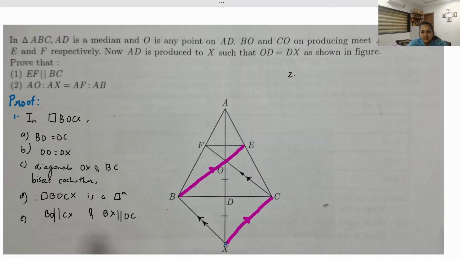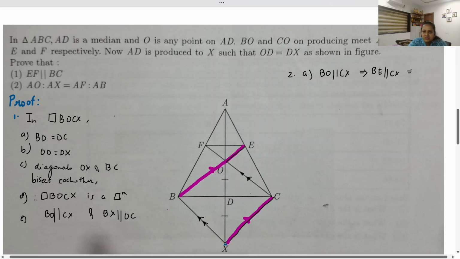And instead of taking BE parallel to CX, we take only OE parallel to CX. I hope you are understanding. What did we write? We said BO is parallel to CX. This implies that BE is parallel to CX. And because BE is parallel, we can say that OE is parallel to CX. Why? Because parts of parallel lines are parallel.